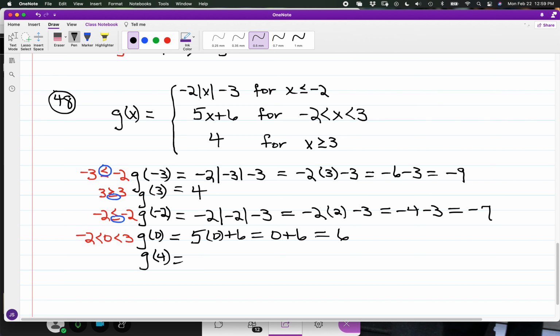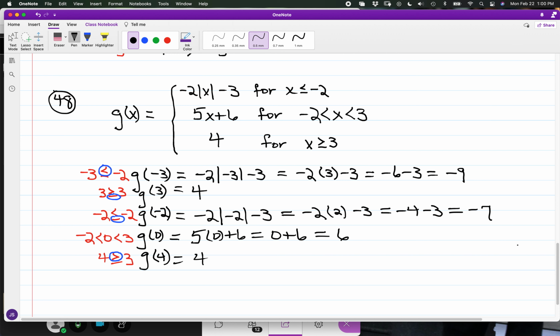And for g of 4, the input is 4, and 4 is greater than 3. So for all values of x from and including 3 and going on up, the g of x value is going to remain fixed at 4, and that will be the last output requested in number 48.